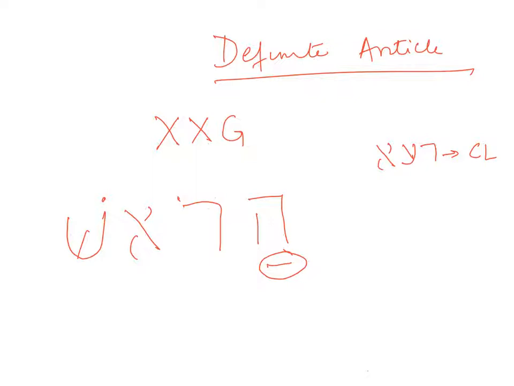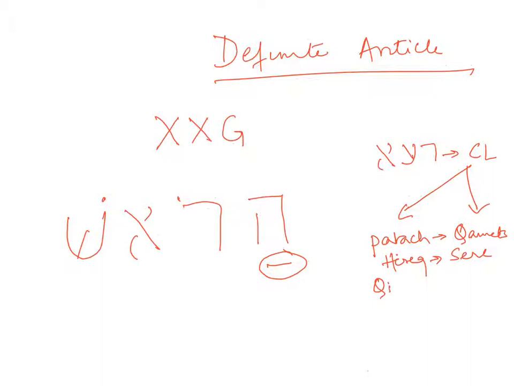In this case, the compensatory lengthening was happening from a patak. But Hebrew has three ways of compensatory lengthening in general that you need to remember. Compensatory lengthening can happen from a patak to a kametz, from a hireq to a sere, and from a kibbutz to a holem.